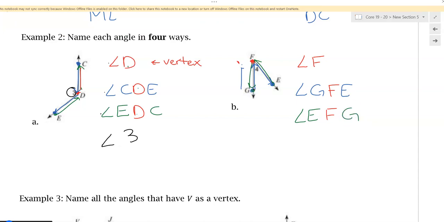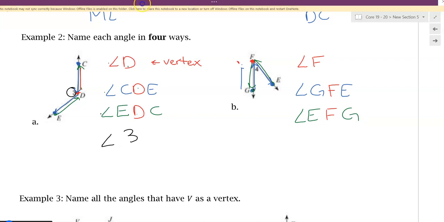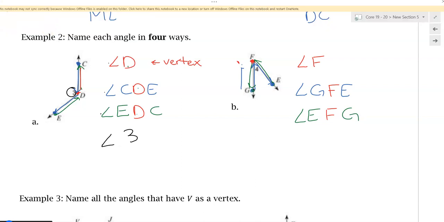So angle GFE or angle EFG, again, that vertex is in the middle. Or, again, by the number. This is angle 4.